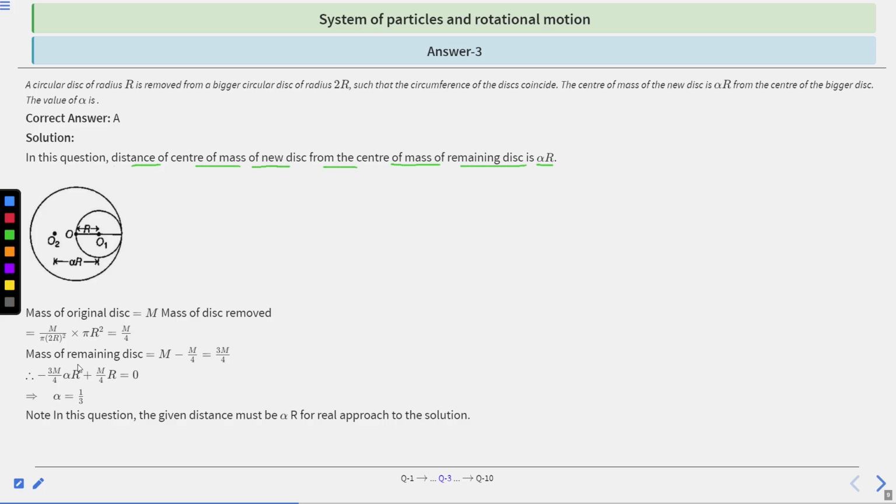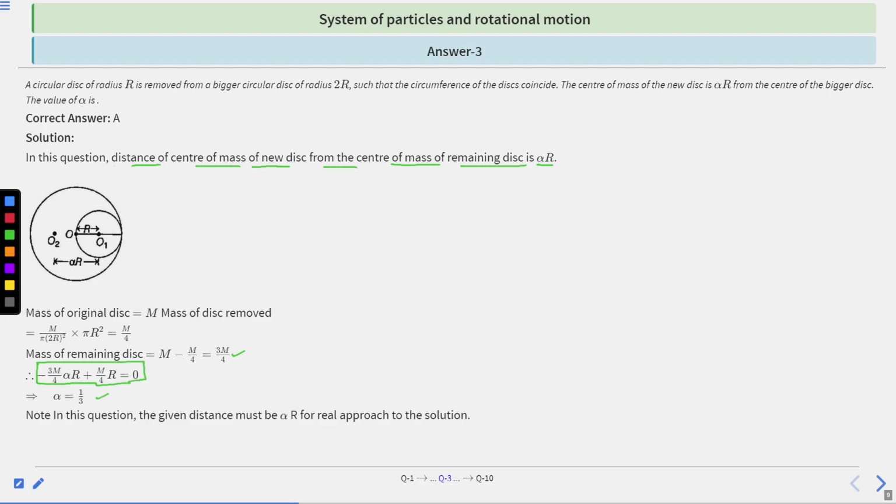The mass of the remaining disc is m minus m by 4, which is 3m by 4. Solving this, you will get alpha equal to 1 by 3.